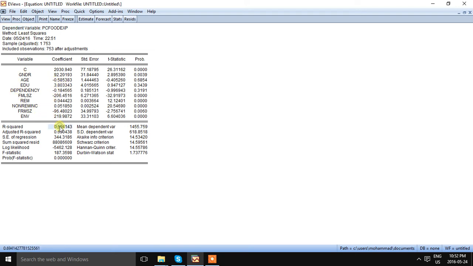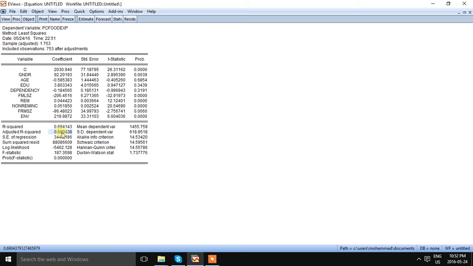In other words, we can say that 69% of the fluctuations in the dependent variable can be explained by the independent variables jointly. That's the explanation of R squared and adjusted R squared.